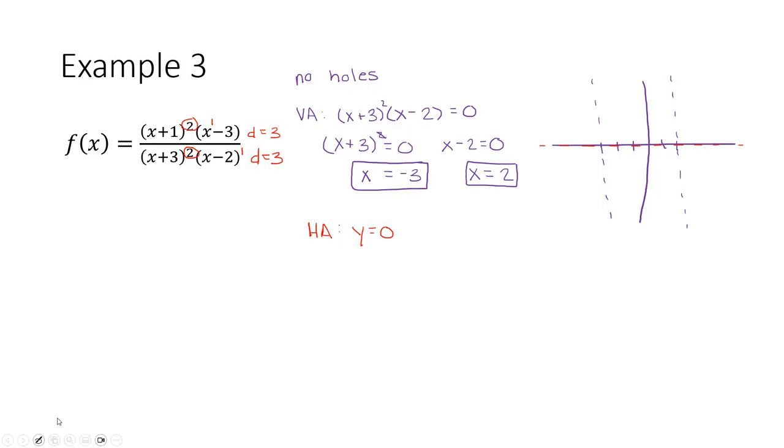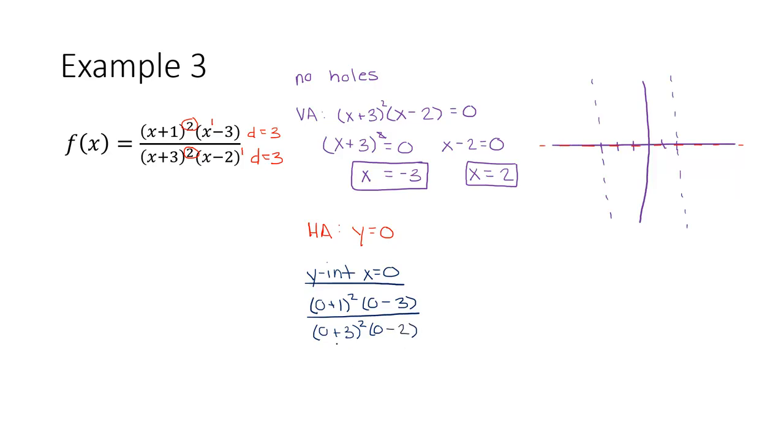Okay. We can also find our x and y intercepts again. We find our y-intercept by setting x equal to 0. So I would have 0 plus 1 squared times 0 minus 3 over 0 plus 3 squared times 0 minus 2.